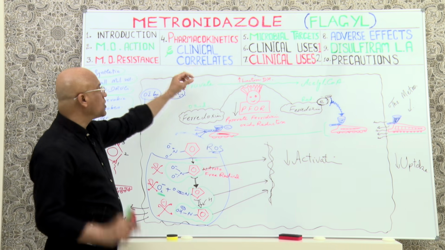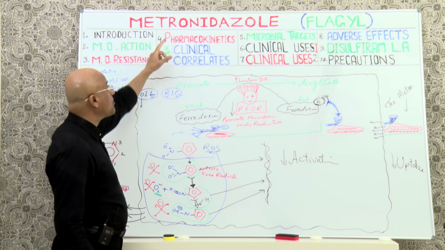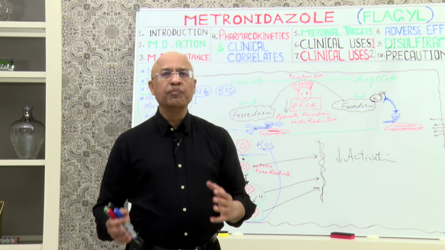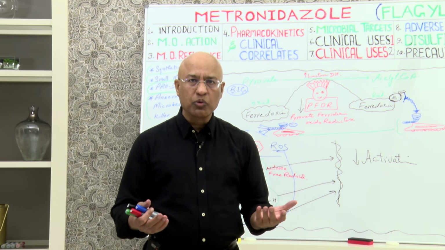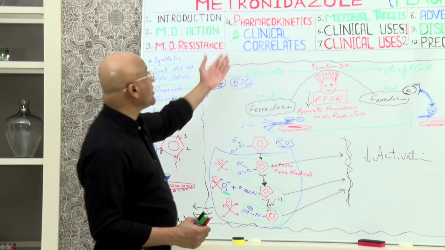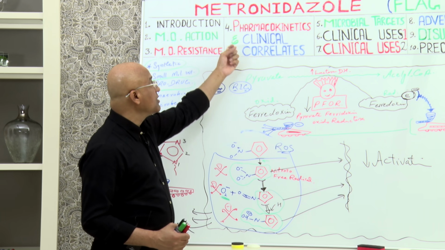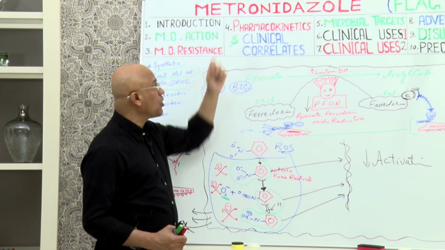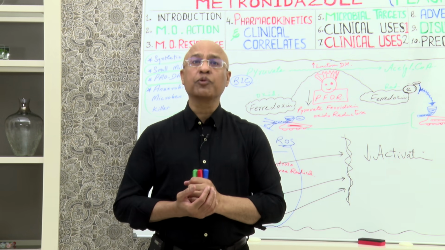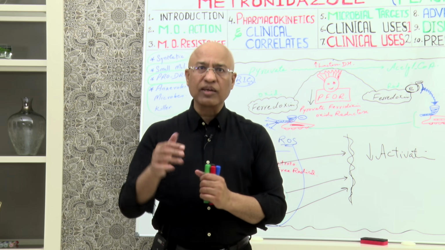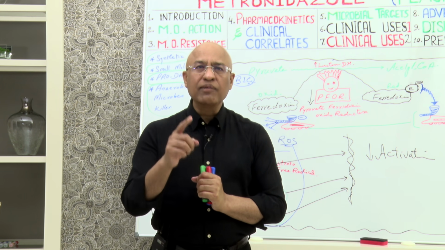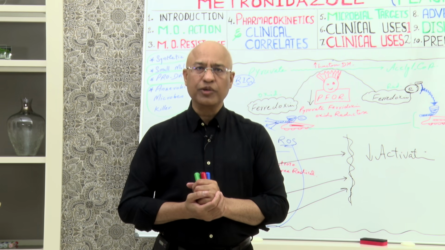What I really want to teach you are the clinical correlates involving pharmacokinetics: how do you adjust in liver diseases or renal diseases, what to do in a breastfeeding patient, and especially the drug interactions, because metronidazole has a very special interaction with the cytochrome P450 system and the other drugs which also influence the cytochrome P450 system in the liver. That will be discussed in the next lecture. Stay tuned. Best of luck.